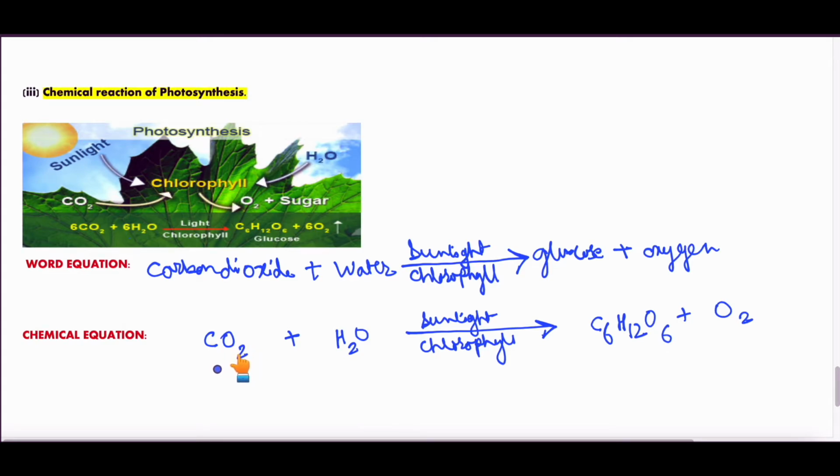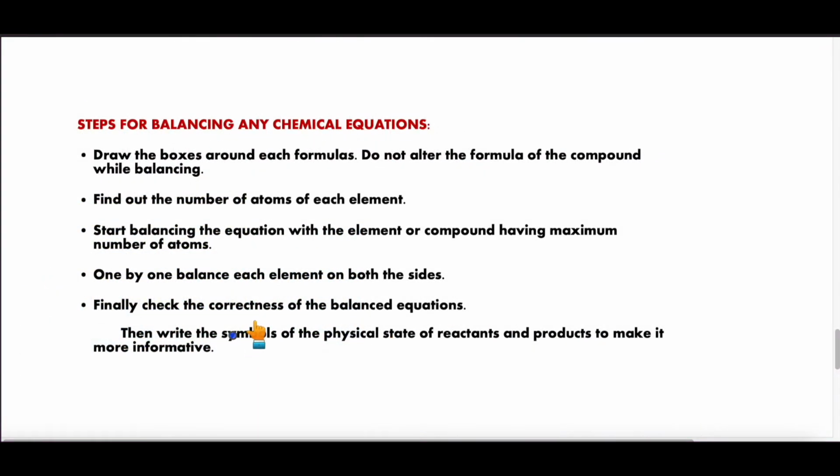Now, in order to balance this skeletal equation, we need to follow the steps which we have already learnt. So these are the steps. The first thing we need to do is to draw boxes around each formula and not alter the formula of the compound while balancing.